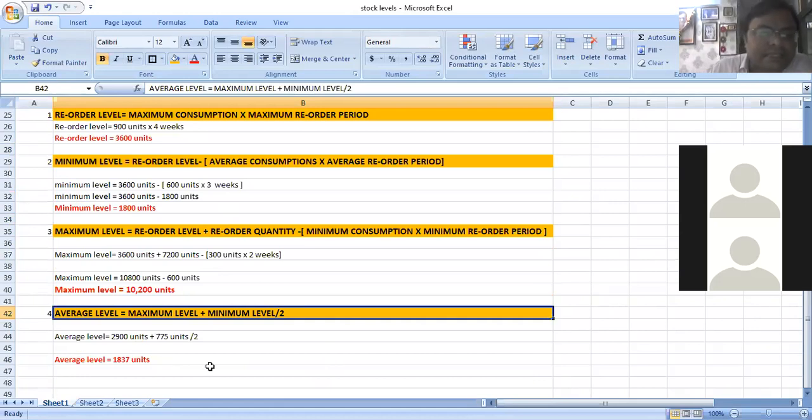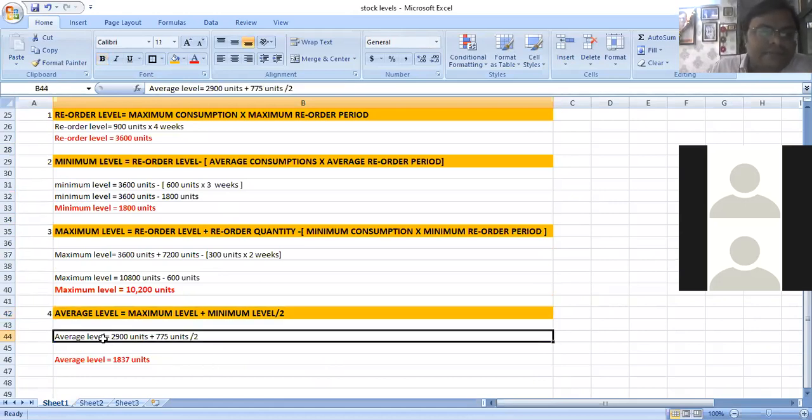Now what is the maximum level, student? 10,200 units.